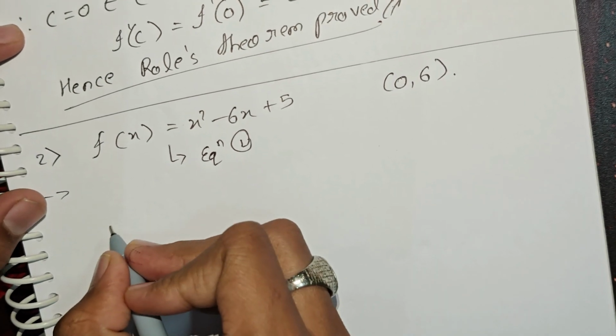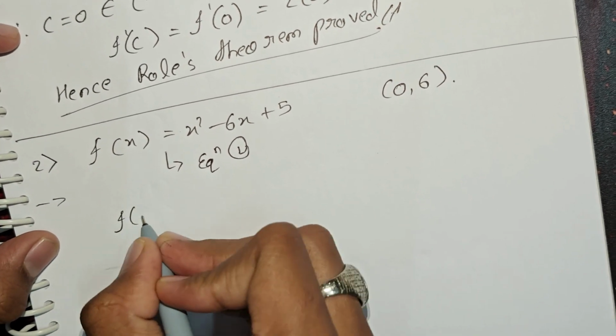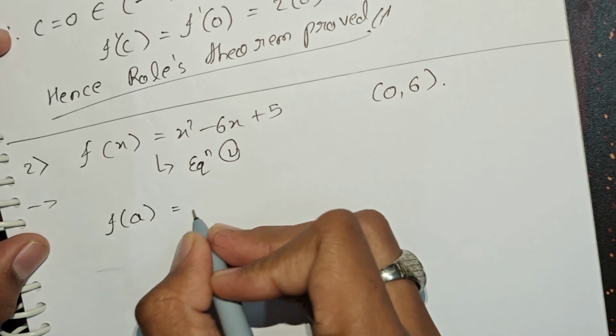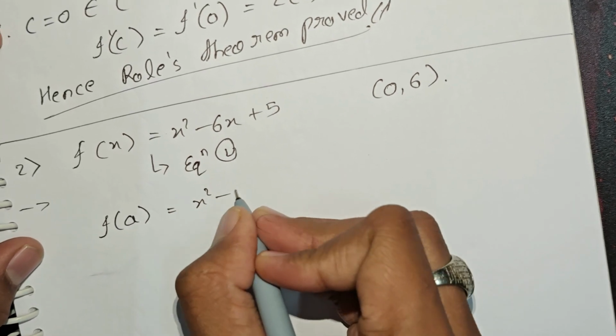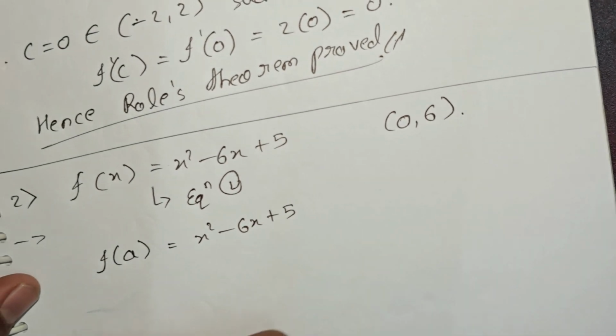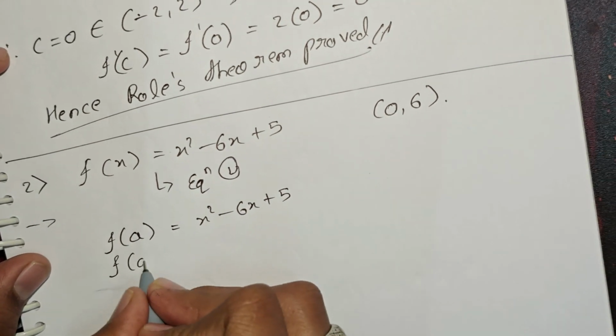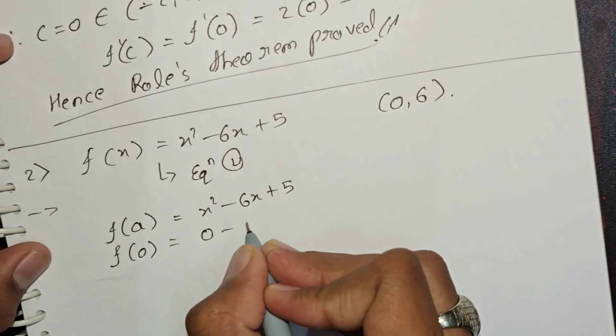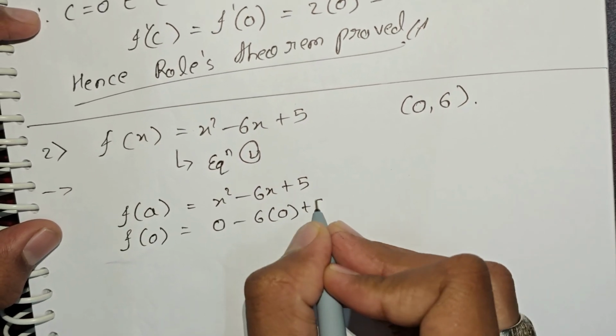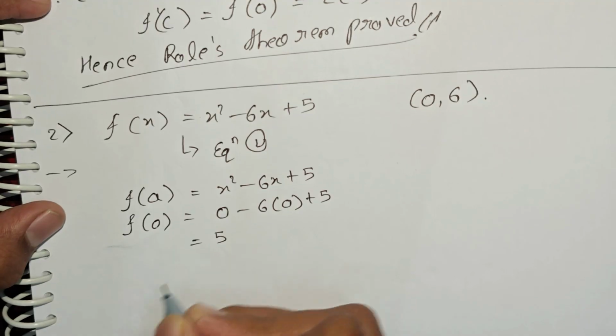First we have to find f of a. Our equation is x square minus 6x plus 5. The value of a is 0. So 0 minus 6 into 0 plus 5 is nothing but 5.